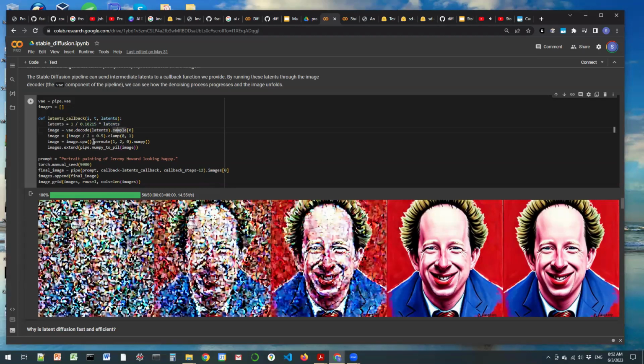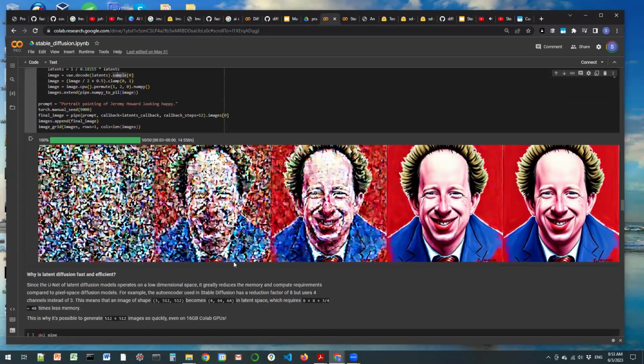Then you want to get it onto the CPU to be able to show it, permute it in the way we want it, convert it to NumPy, and then use a NumPy pillow of the image in order to display the images. So this is what happens. What is happening here is we are seeing the intermediate steps of the inference process every 12 steps.